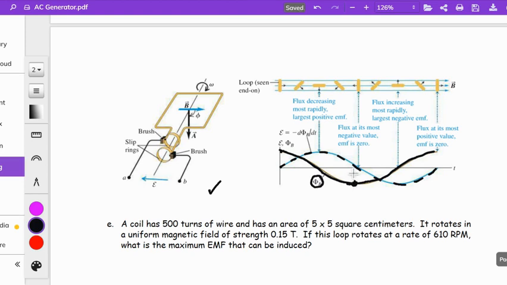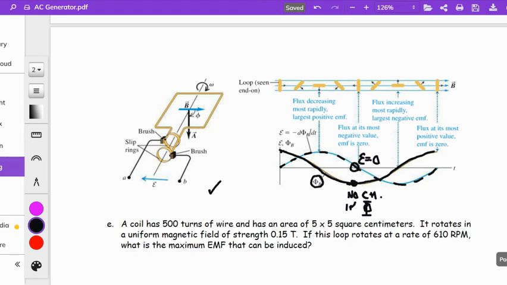And if there's no change in flux, check it out, you have an EMF of 0 at that point. So this is where you have no change in flux. It's like a turning point in the flux function. It's a turning point in the cosine, and that's where there's no EMF.